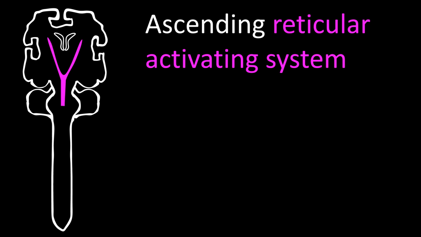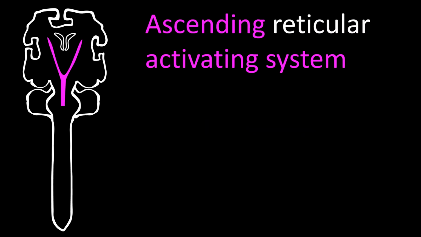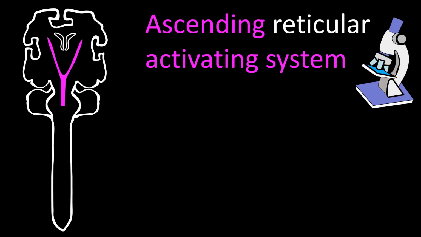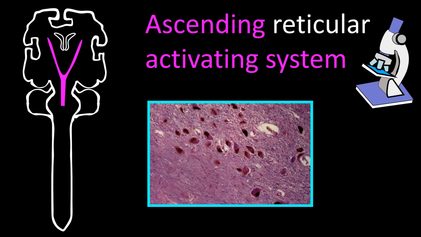It's called ascending because its main output is rostral. It is called reticular because when viewed under a microscope, its structure consists of a rete of single or few neurons together intermingled with nerve fibers, as shown in this specimen.